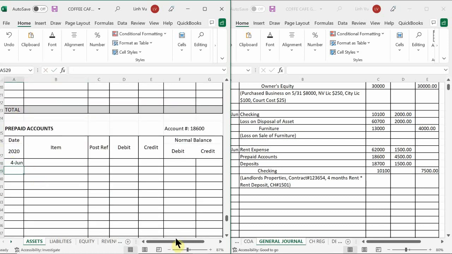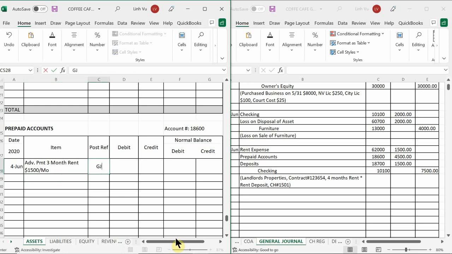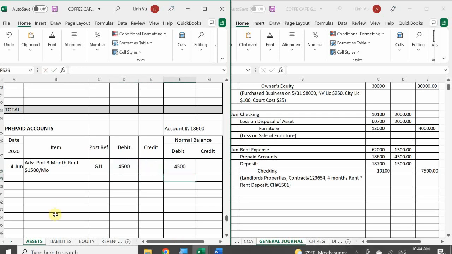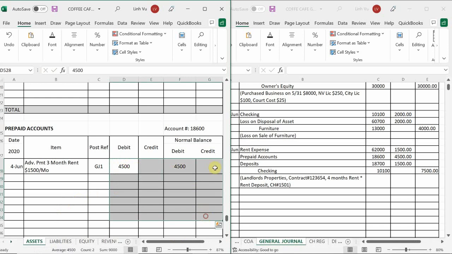We're going to establish that we paid advanced payment: 3 months rent, $1,500 per month. So journal 1, and we bought it for $4,500. Okay, so that's our first prepaid account.